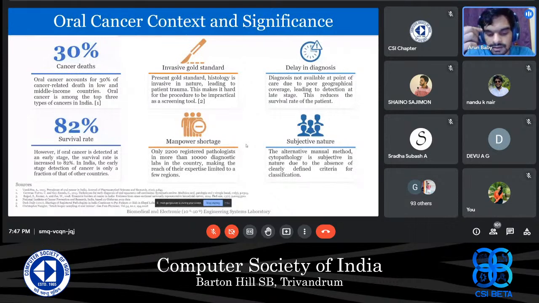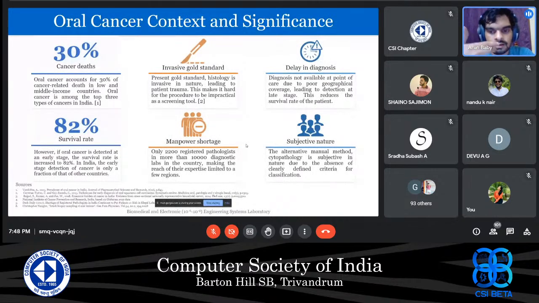Most of the diagnosis is done in tertiary hospitals and not in primary healthcare centers, because primary healthcare centers do not have the manpower or the capabilities to diagnose the disease. So if a person in a rural area is developing cancer, it is really hard for that person to get access to care in a timely manner.